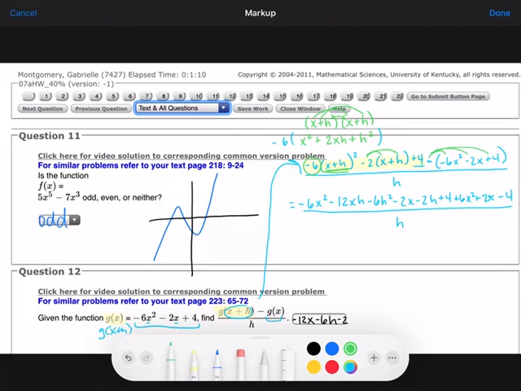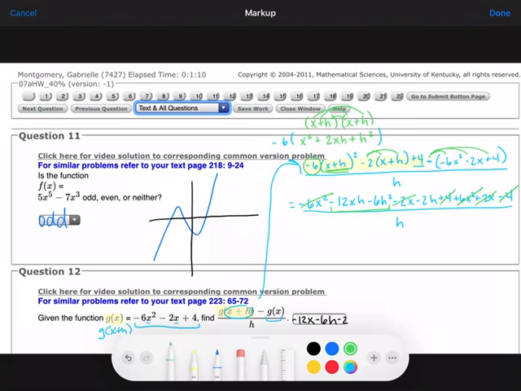Now I'm going to go through and cancel or combine anything that I can. Over here I have a negative 6x squared, and here I have a positive 6x squared. Those are going to cancel each other out. Then I have negative 2x and a positive 2x. Those will also cancel. Here I have a plus 4 and a minus 4, which cancel each other out.